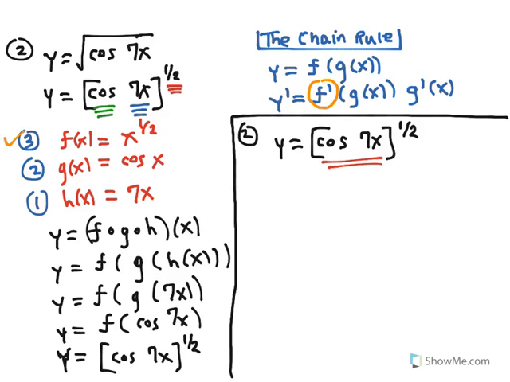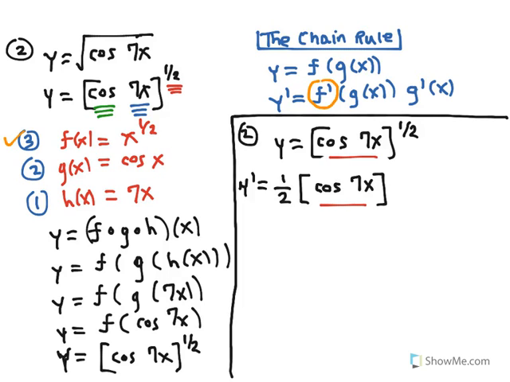So now we find the derivative of the outside function evaluated at the inside function. For y prime, we have x to the 1/2, which is a power function, so we use the power rule: bring the exponent to the front, and then normally you would write x here, but we are evaluating the derivative of the outside function at the inside function of cosine of 7x.